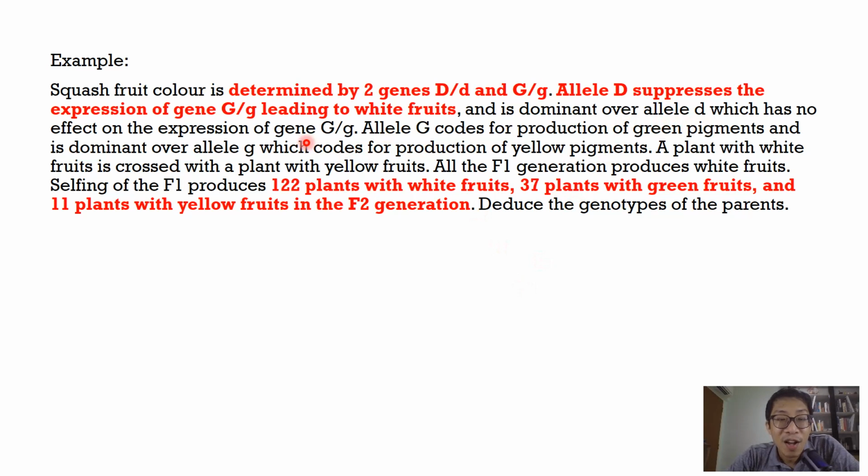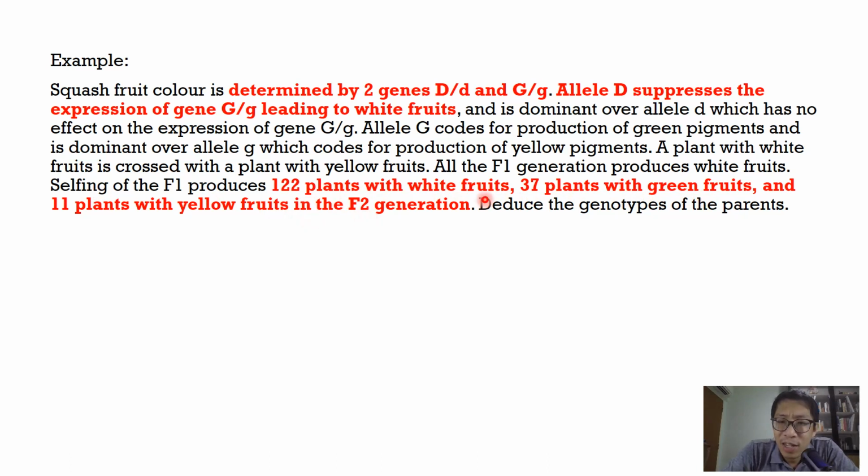Gene G codes for the green pigment, rather the dominant allele G codes for green pigment, and the recessive allele g codes for yellow pigment. Okay, so you have a plant with white fruits crossed with a plant with yellow fruits. F1 produces white fruit, and the selfing of F1 produces white fruits, green fruits, and yellow fruits.